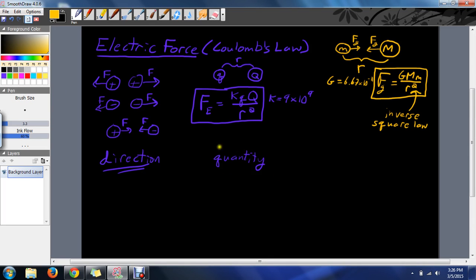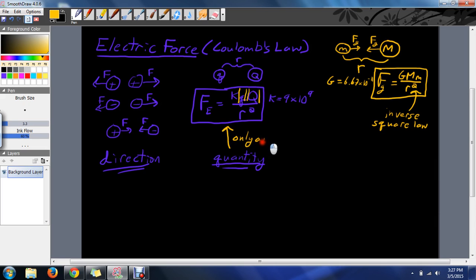So this is the quantity of the charge. By the way, this is extraordinarily important. You never, ever, ever want to plug in negative signs into this equation. I will put absolute value signs there because this is quantity only.